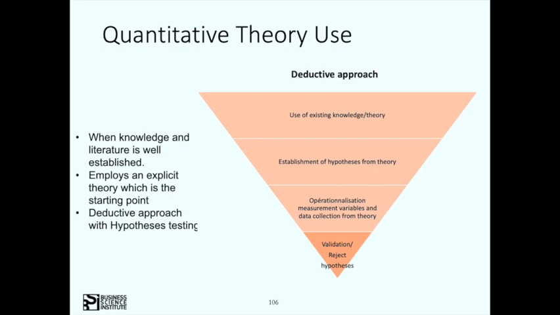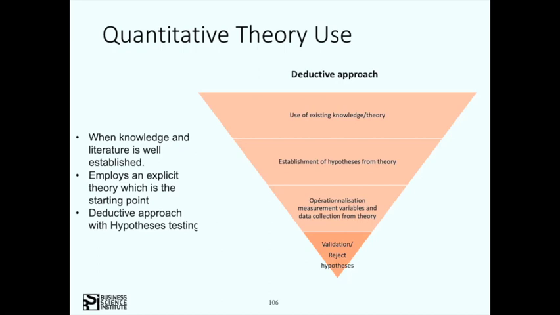When knowledge and literature is well established, you should use this approach, as you employ an explicit existing theory. For example, the theory of justice for complaint management. We know that the theory of justice or equity theory is a very good theory that fits well to measure complaint management. Then it makes sense to use this theory.